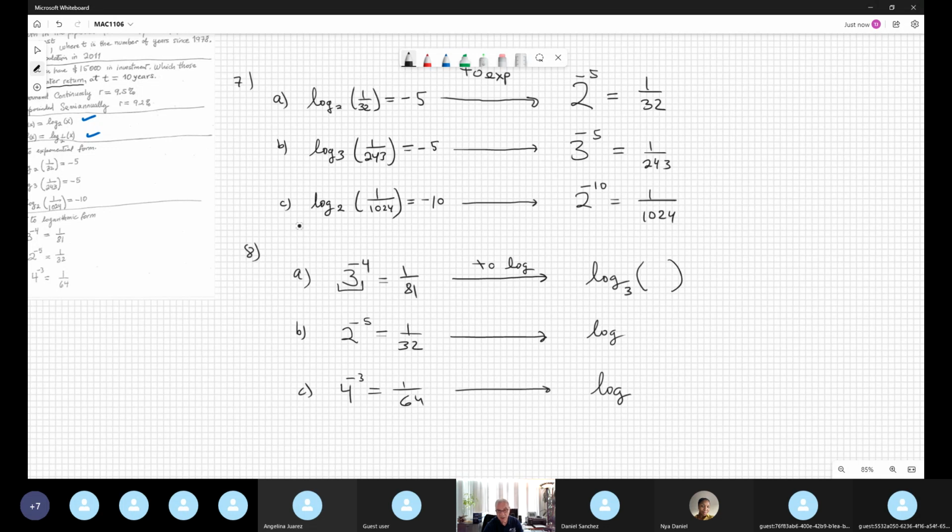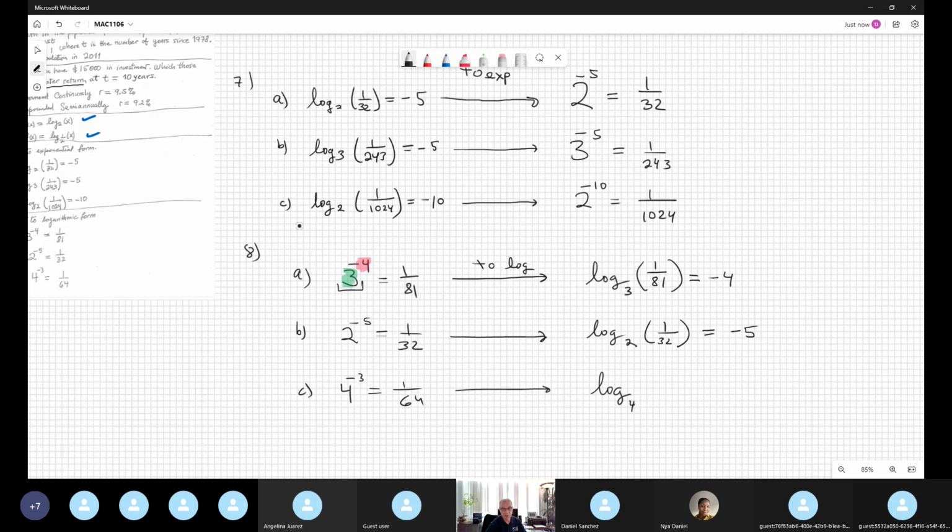The answer I know by memory always: the answer of the logarithm statement is the exponent, which is negative. This is the base, an important piece, and another important piece, the exponent. And the rest is the result, the number that you put inside here: 1 over 81. Bang! Okay? So mechanically, parentheses, negative 5, 1 over 32.